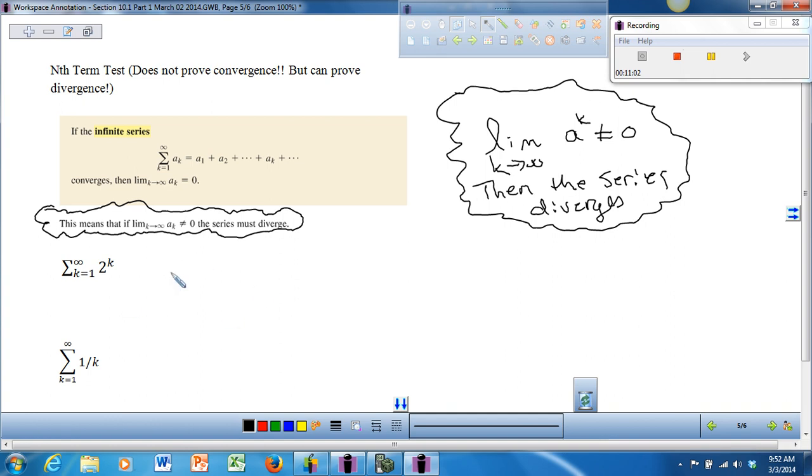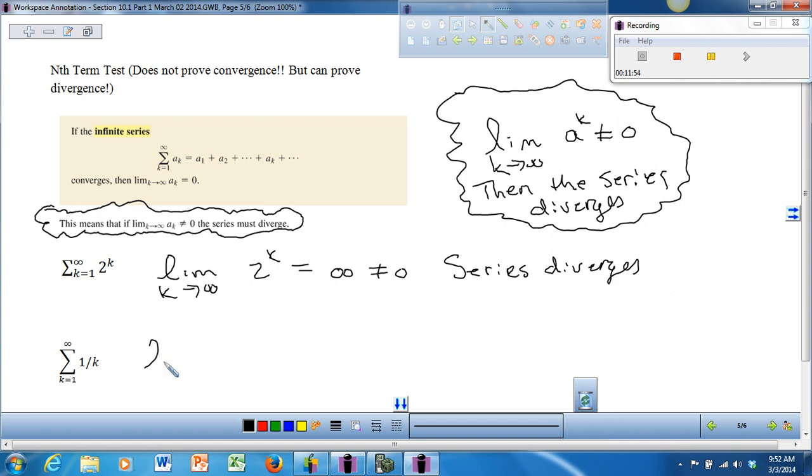Okay? So on this one, if we try this, we have the limit as k approaches infinity of 2 to the k. What will that approach? Infinity, right? That'll get huge, which does not equal 0. So what can we say about this series? Series diverges. Down here, when we look at this one, the limit as k approaches infinity of 1 over k, what does that equal?